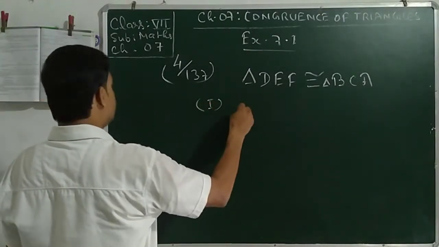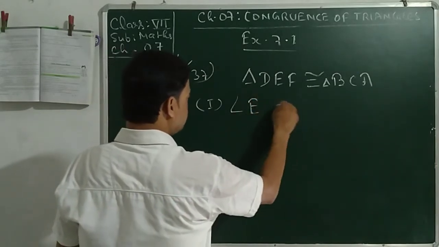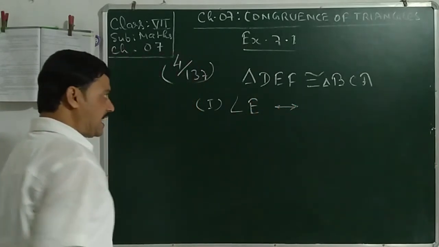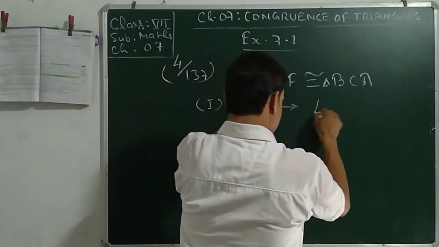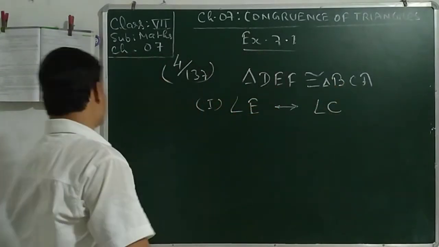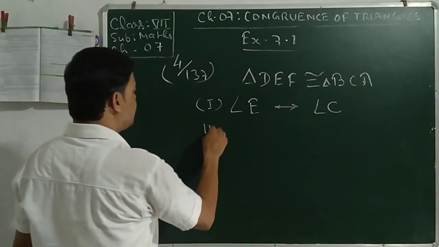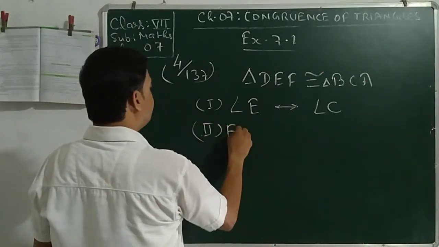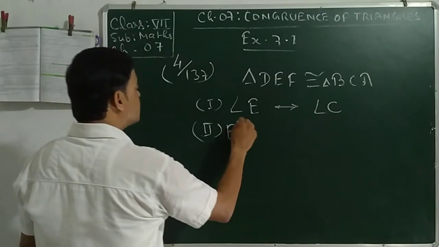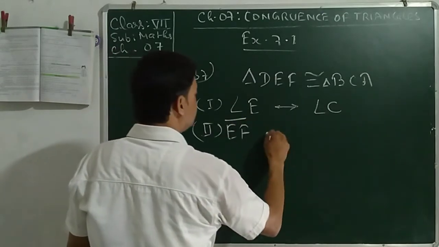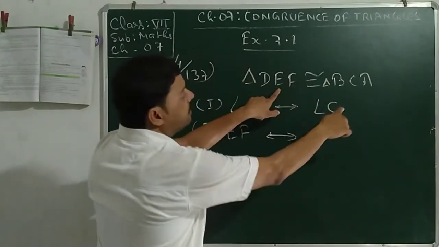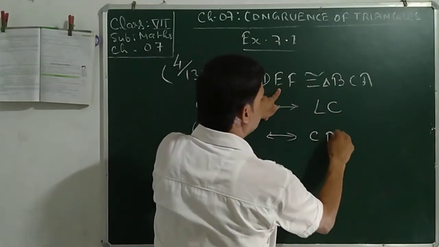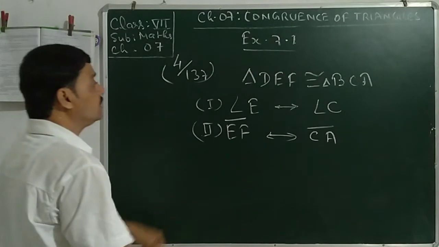First, it was angle E. Angle E will be matching with, see, this is the second alphabet, angle C is the second alphabet. Similarly, side EF is matching with E and F, second and third alphabet, so it will be matching with side CA.